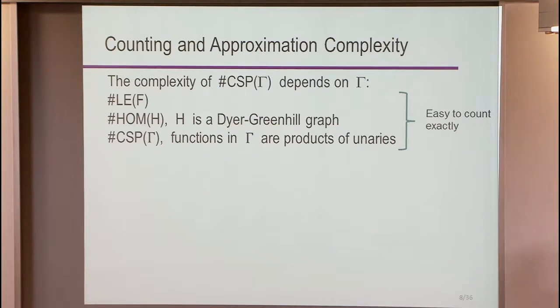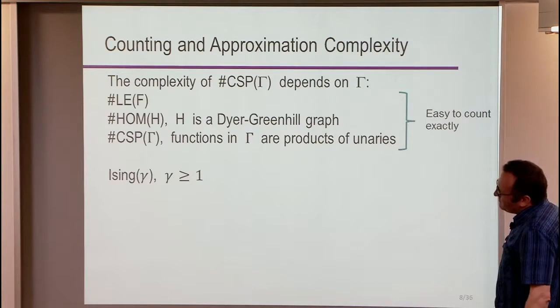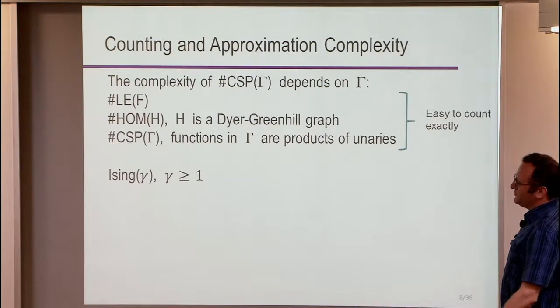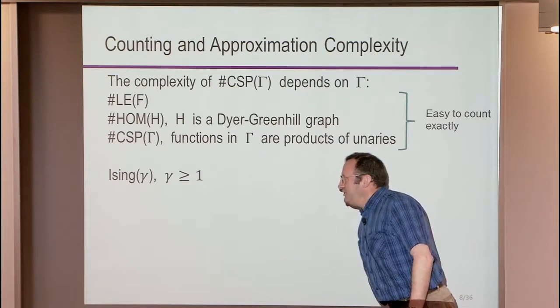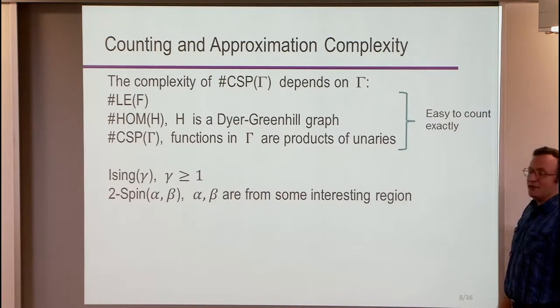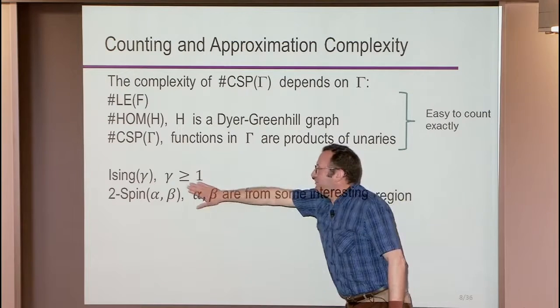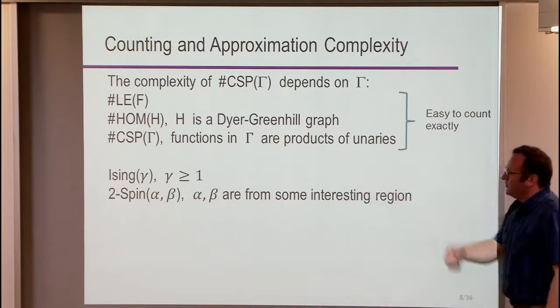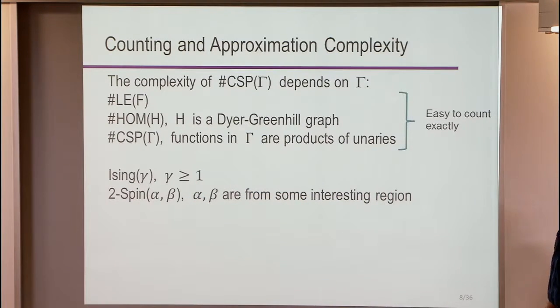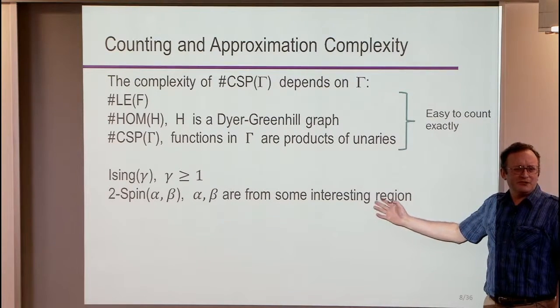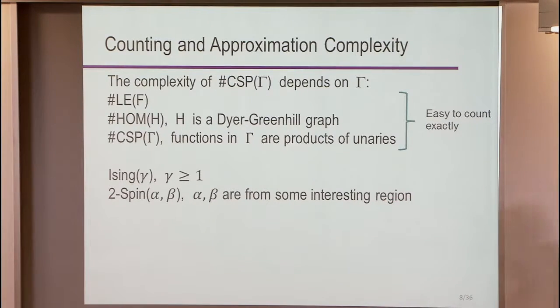So, okay, forget about them. If we take slightly more interesting functions, like, for instance, Ising, Ferromagnetic Ising, when gamma is greater than 1, or 2-spin of alpha, beta, where alpha and beta belong to some interesting region, then we know that there is an FPRAS, although we cannot count exactly.